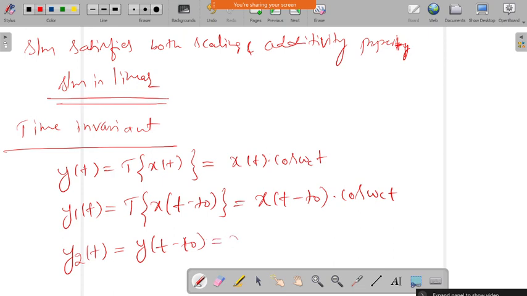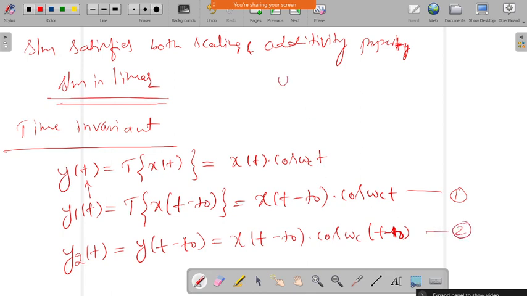So this will give x of t minus t naught into cos omega c into t minus t naught. Now compare these 1 and 2.